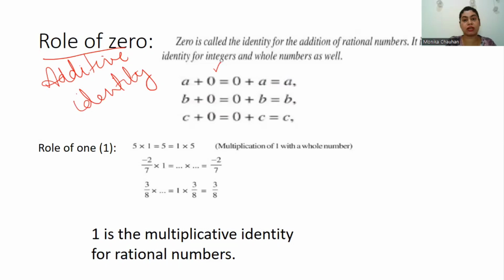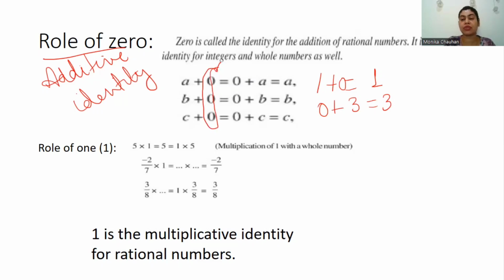Identity is that number which when you add, you get the same number. Suppose I say 1, what do I add to get 1? I have to add 0, right? What do I add with 3 to get 3? Means 0. So 0 is called additive identity. Remember, 0 is called additive identity.